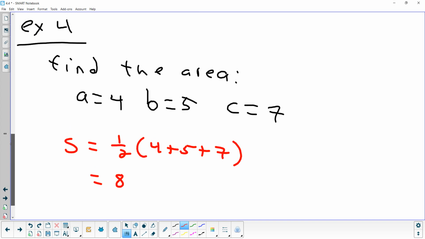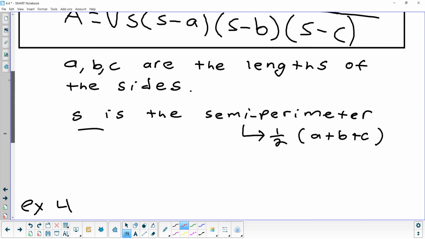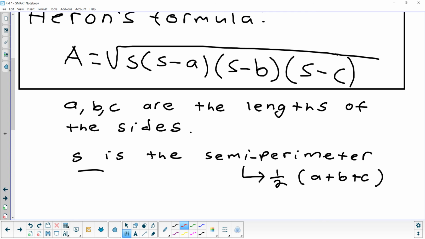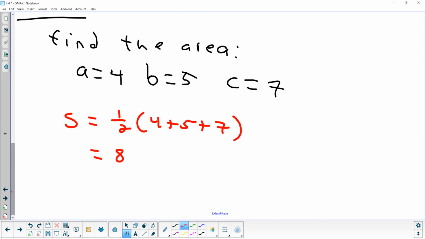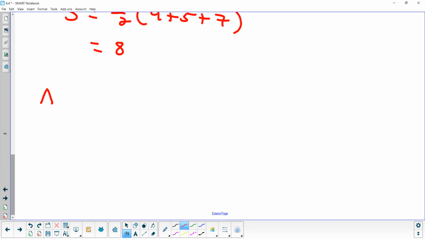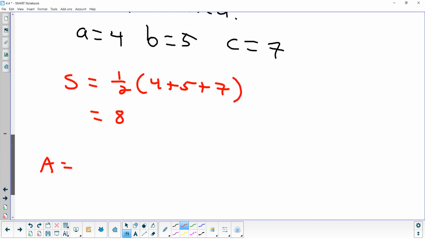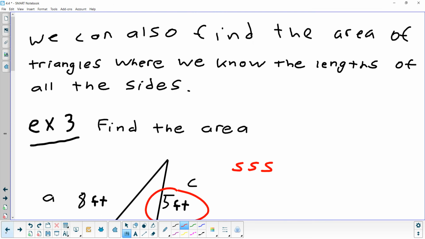Okay, so let's go back and look at that formula. It's the square root of S times S minus every side. Doesn't matter which side you do first. You've got to do S minus A, S minus B, and S minus C. Now, should we do 4, 5, and 7?